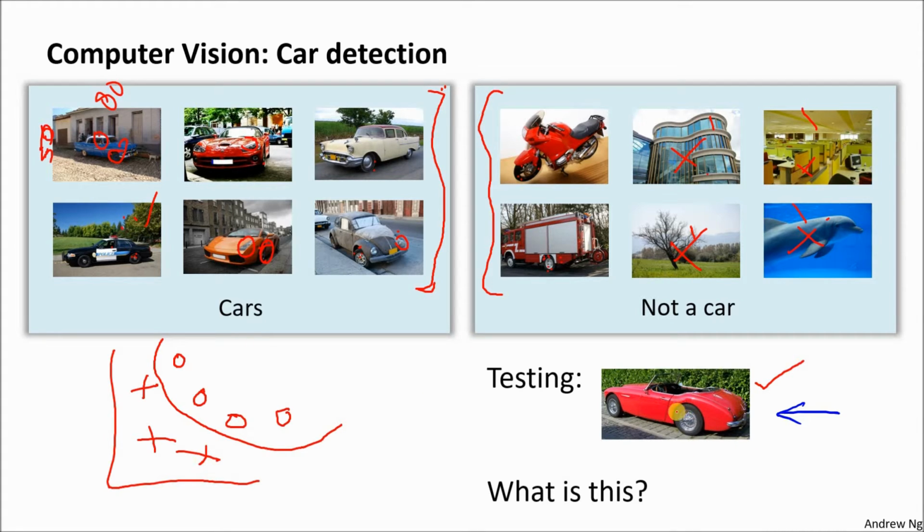But still it has many common things like the pixels here, like maybe the door handle. So because of those common things, when you try to classify it, it will be classified somewhere over here and it will be classified correctly as a car.